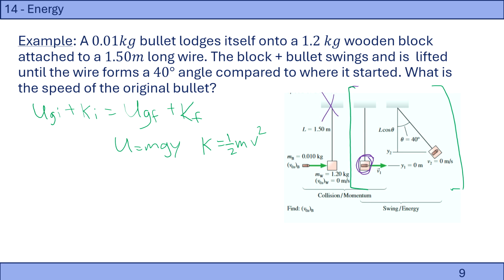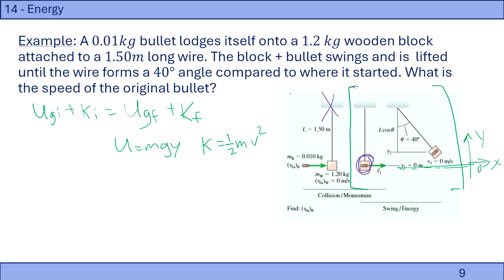In this case, we may want to start deciding some axes. Say that this is the x direction, this is the y direction, and perhaps the bottommost point of its trajectory we could say is y equals 0. It's probably a good idea.